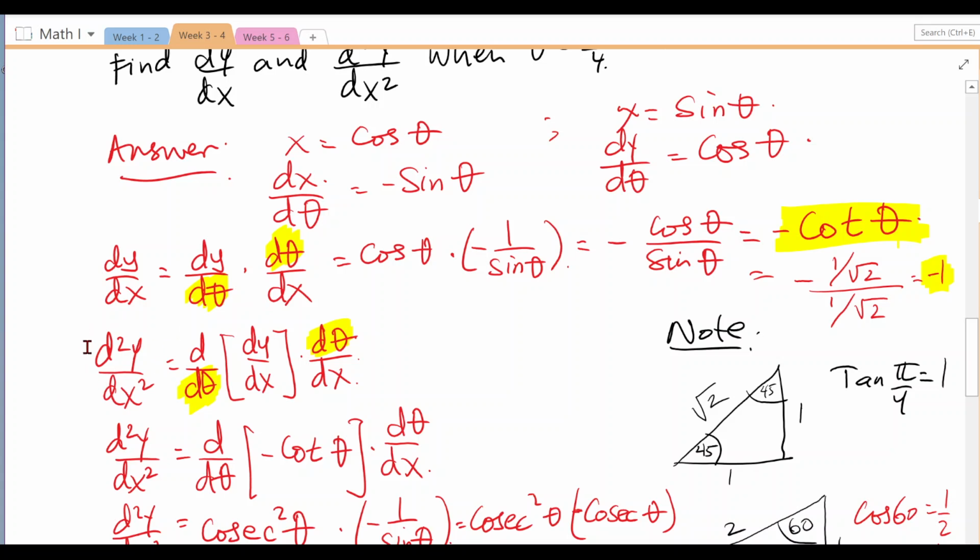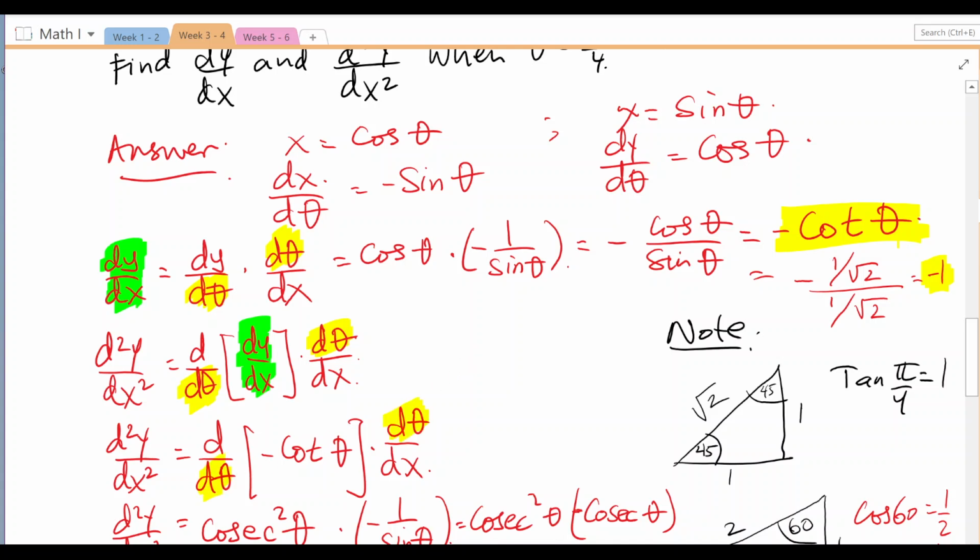For the second derivative, d squared y over dx squared, you can do the same thing, by taking the derivative of the first derivative. So this is the first derivative, and we already know that its value is equal to negative cotangent theta, and because it is expressed in theta, we can take the derivative with respect to theta, so that's why we have d theta here.